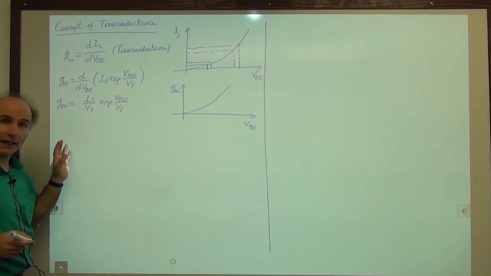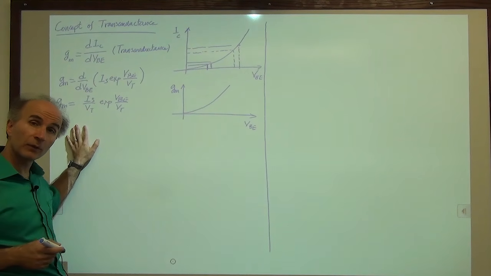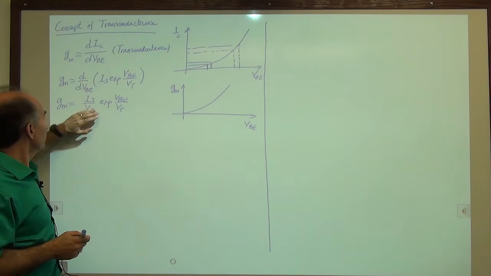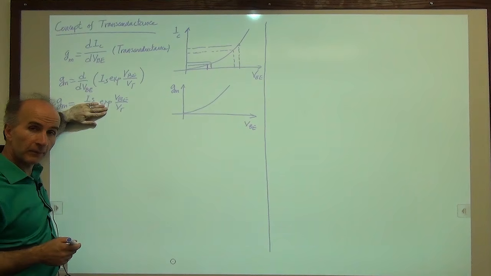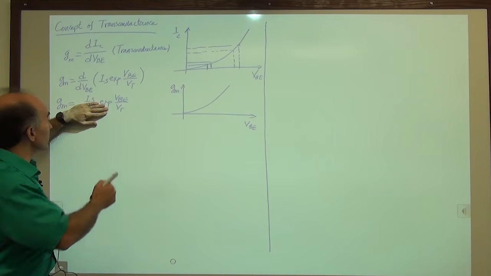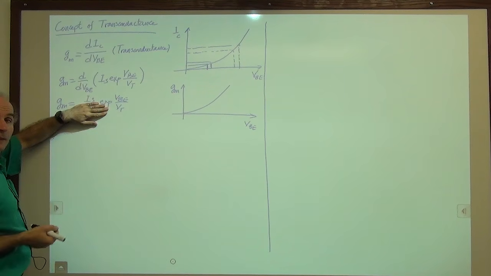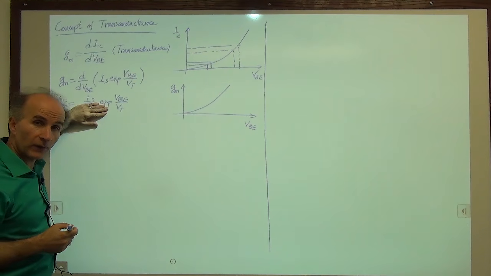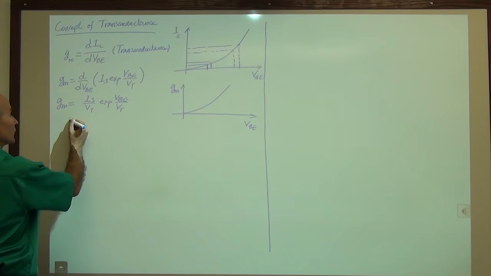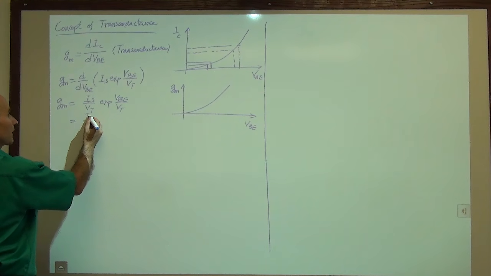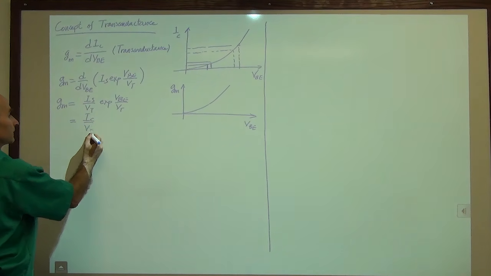Okay, but actually we can rewrite this in a simpler form. How much is IS exponent VBE over VT? That is the collector current of the transistor, so why don't we just replace that with IC? So GM is equal to IC over VT.